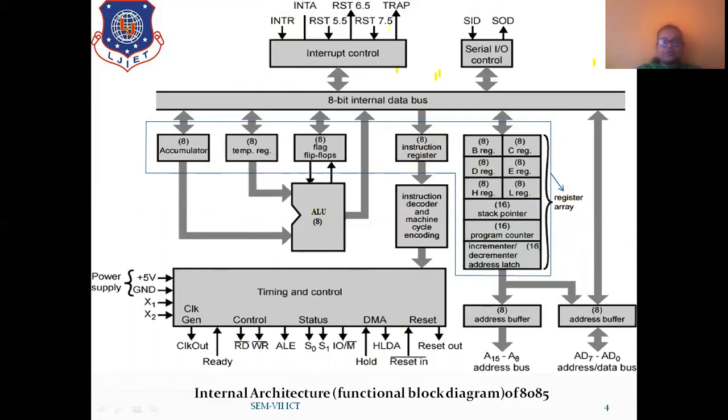So in this whole figure, various blocks in the architecture of 8085 have been shown, with its various pins. Regarding these pins, we will discuss in our further session on pin diagram, right? But before that we are going to discuss each and every group in detail, right? So this architecture you have to remember for your exam purpose, right?